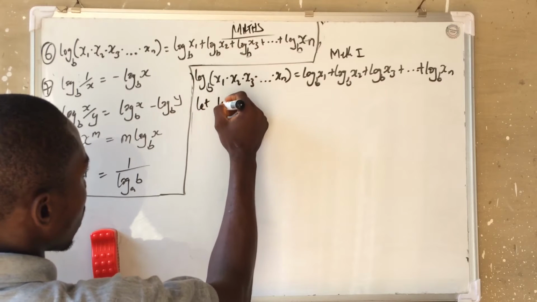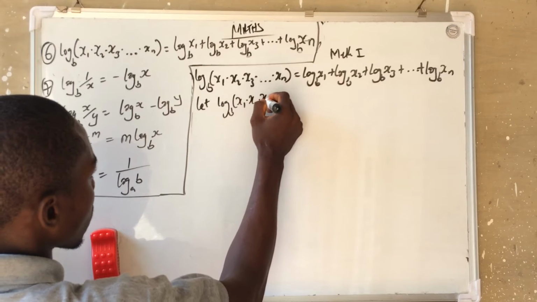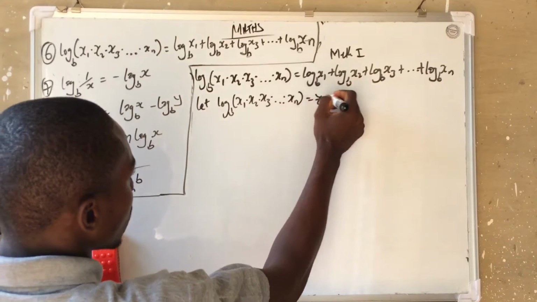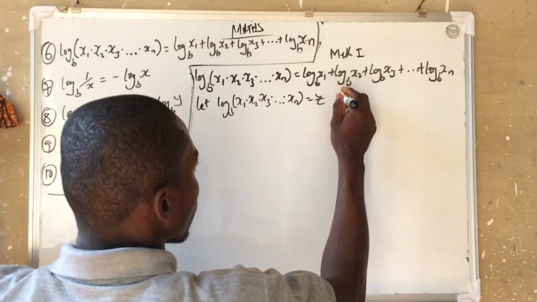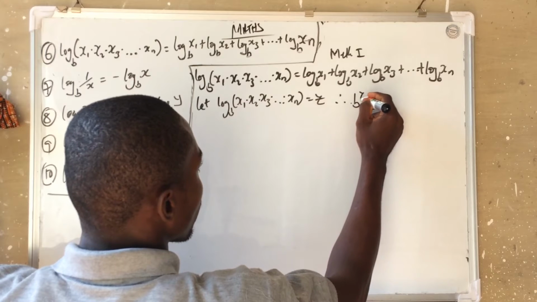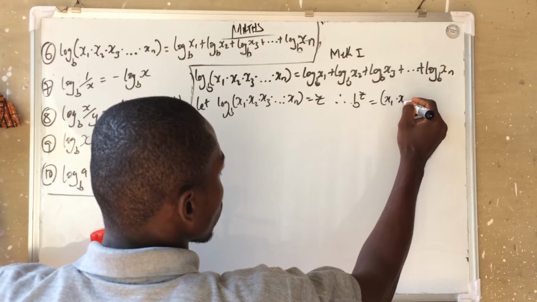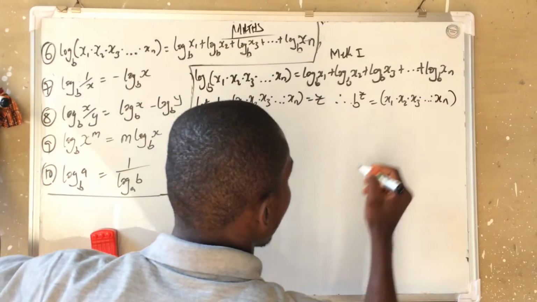So now I do this. Let log b of x1 dot x2 dot x3 dot xn equal to z. So therefore b raised to the power z is equal to x1 dot x2 dot x3 dot xn.